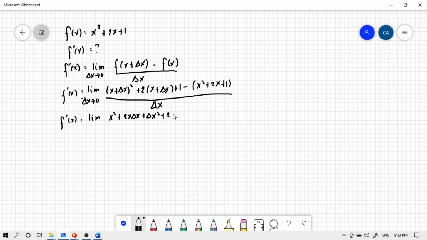Plus 2x plus 2 delta x plus 1 minus x squared minus 2x minus 1 divide by delta x as delta x approaches 0.